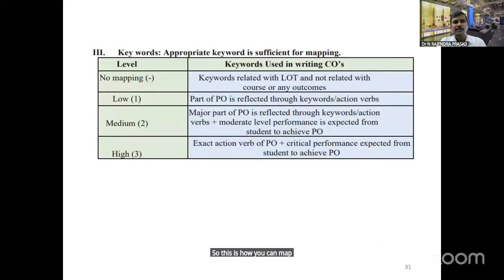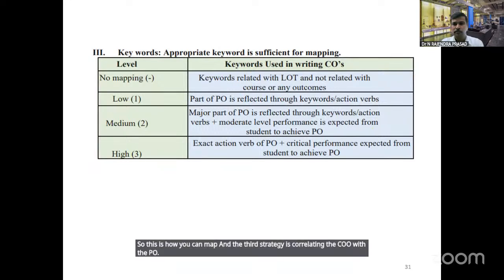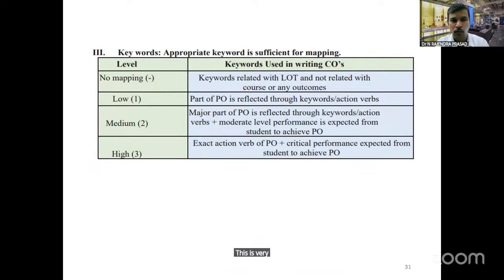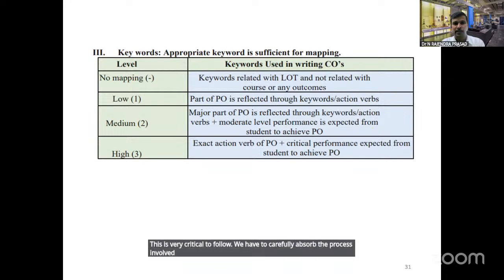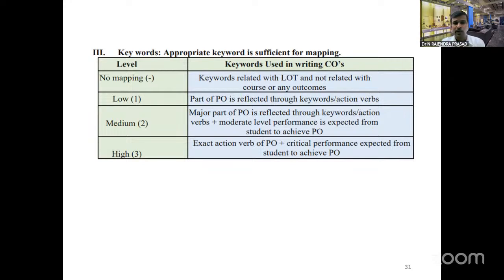And the third strategy is correlating the CO with the PO. This is very critical to follow. You have to carefully observe the process involved during the assessment and the correlation between a CO and a particular PO.